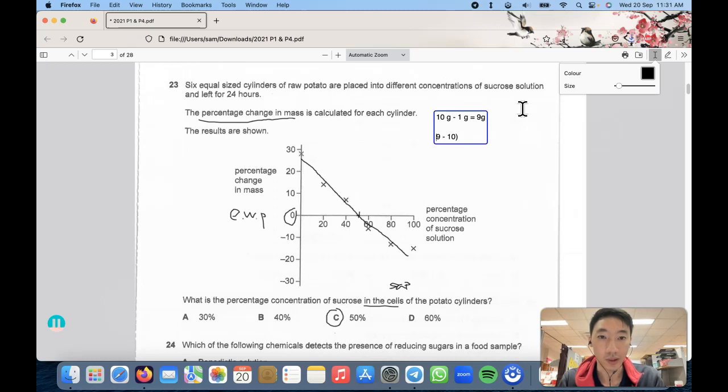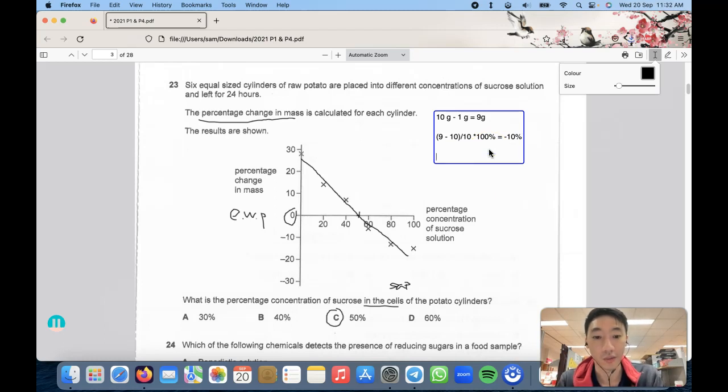So I take the final size minus the initial size, and then divide it by the initial size, which will give me negative 1 upon 10. So 9 minus 10 is negative 1, and then the initial is 10, so negative 1 over 10, times 100%, that will give me negative 10%. Okay, that means that this potato has lost 10% of its mass.